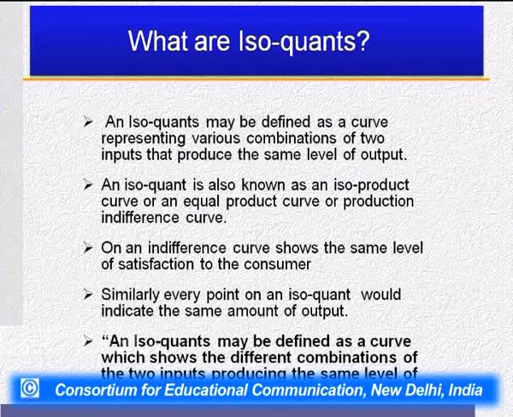Now you get the same output in combination B. So the combination differs. Now you use 5L plus 25K, in economics we denote capital by K, and you still get 100. In the earlier combination you got the same output with 10L plus 20K.